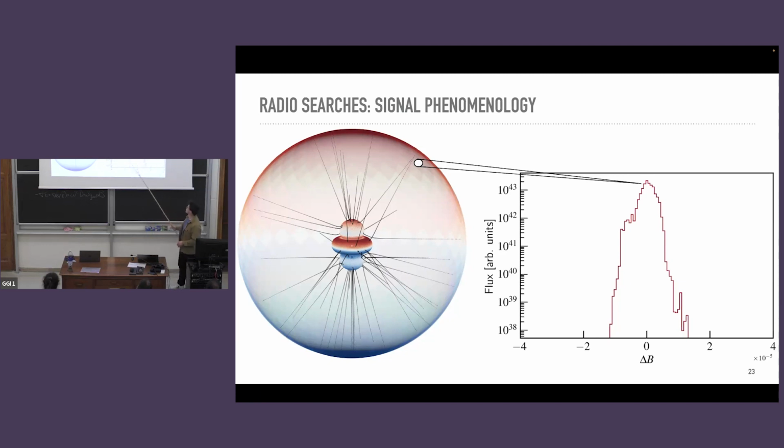This is in some arbitrary units, and this is the bandwidth, or rather the relative bandwidth compared to the rest frequency of the line. It's a little hard to see, but this number here is about 10 to the minus 5. So again, this is more or less consistent with the amount of broadening of such a monochromatic line that you would associate with the velocity distribution of the dark matter.